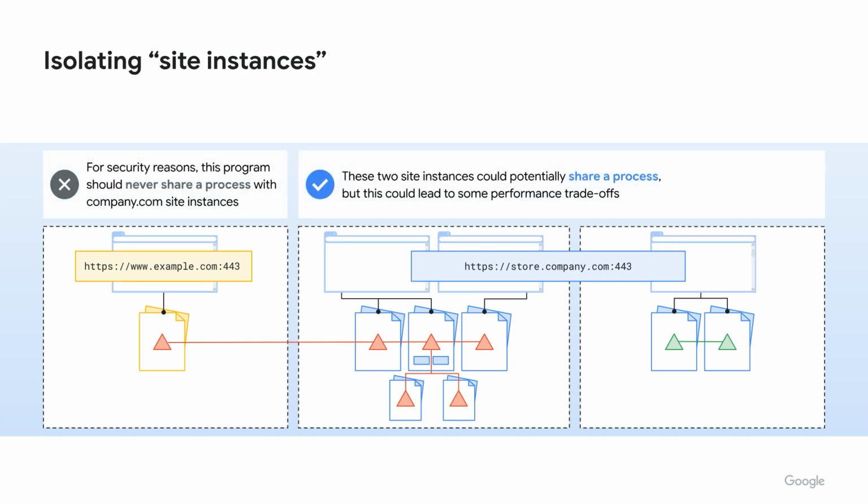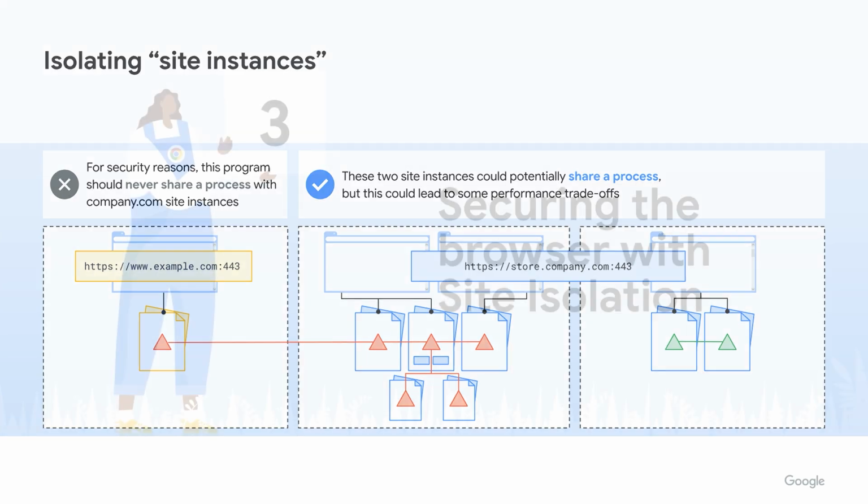After these programs are defined using site instances, Chrome's process model can decide which programs can never share a process for security reasons, and which programs have the flexibility to share a process or not, based on performance trade-offs. This creates room to optimize Chrome's process model for performance. Now let's take a closer look at the security constraints and performance trade-offs guiding these decisions.